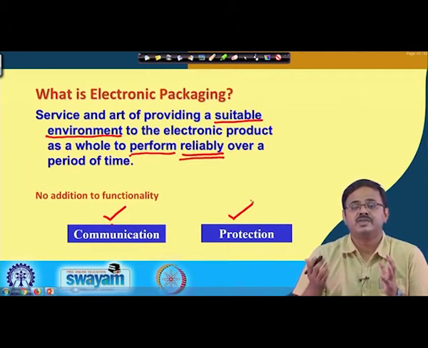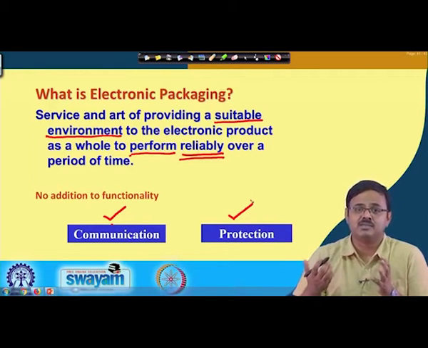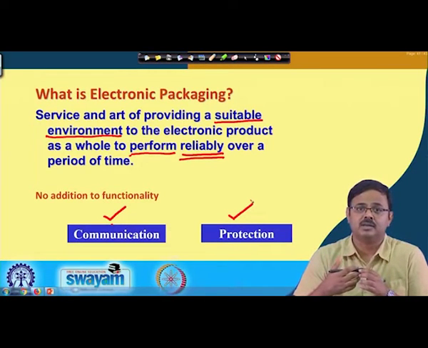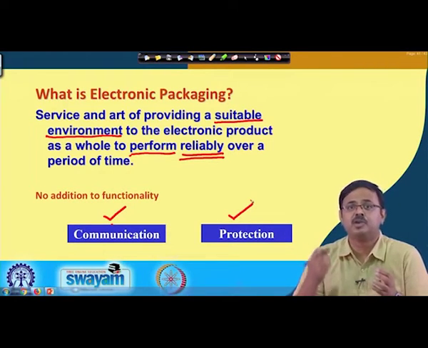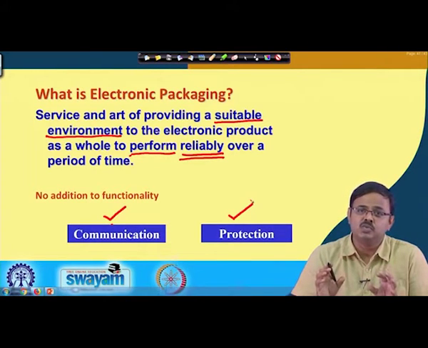And protection from extraneous factors, protection from harsh or adverse environments during its operation, protection from shocks and vibrations, protection from a water splash, protection from overheating. So if you think about it, these are the two main contributions of electronics packaging.